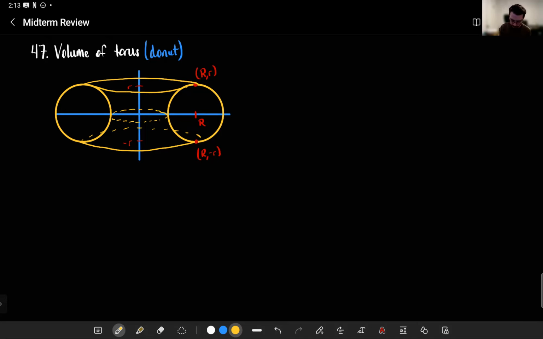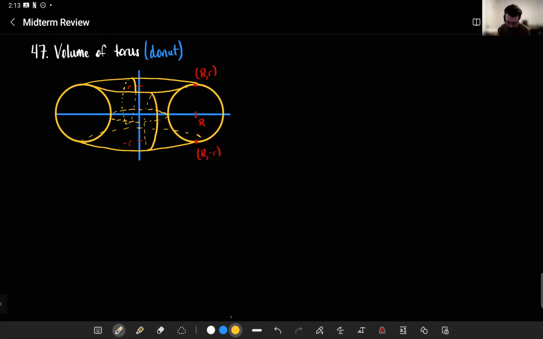I guess I could even, if I wanted to, draw here's a little slice of the donut as the circle revolves around like 90 degrees. Here's another little slice. Okay, so that's as nicely as I can draw a see-through donut.